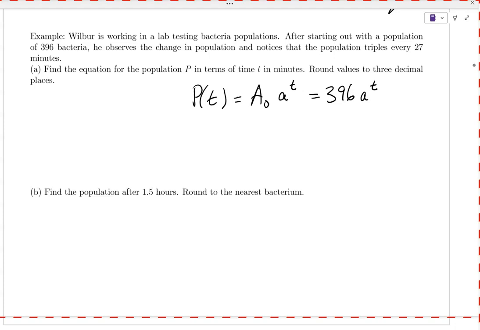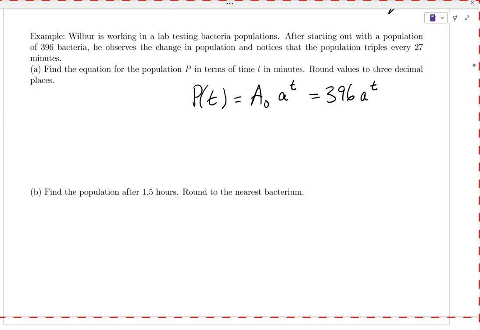It triples. Well, if you start with 10 and it triples, how many would you have? 30. Now, that wasn't a trick question, right? If it starts with 10 and it triples, you have 30. If it starts with 100 and it triples, 300. It's 3 times what you started with, right?